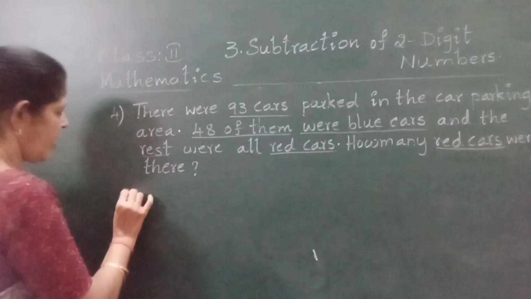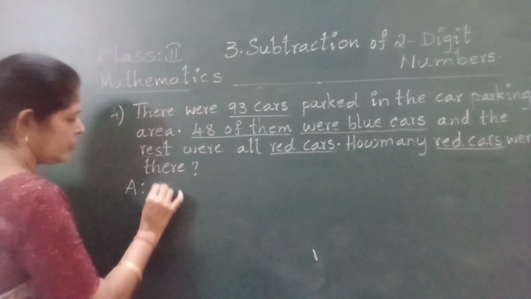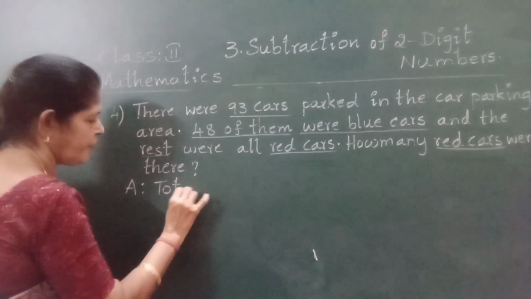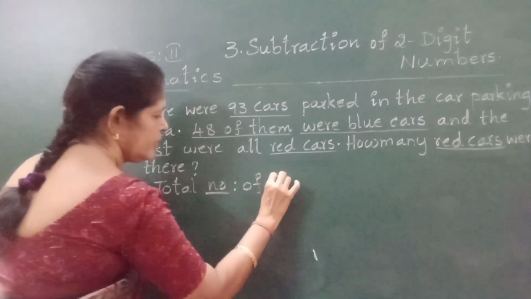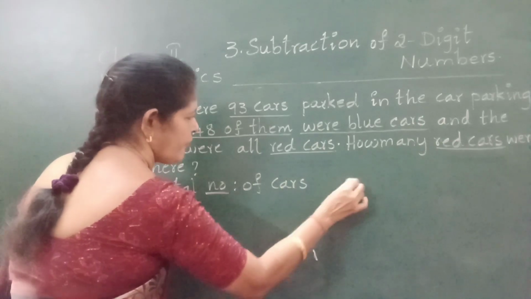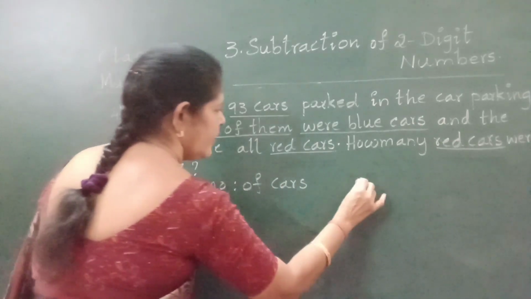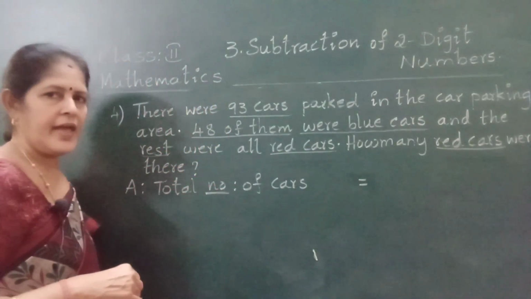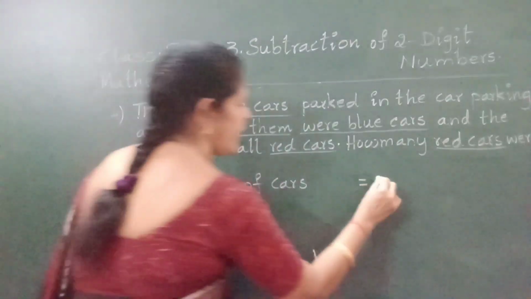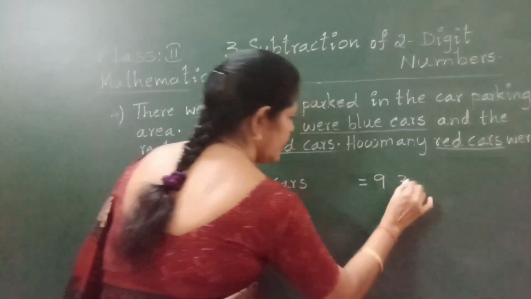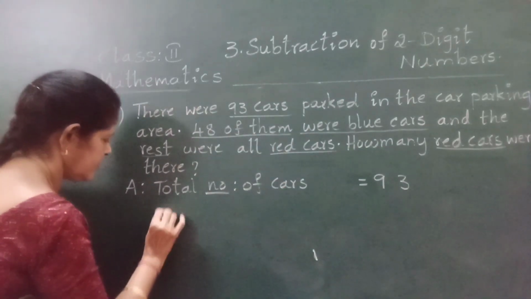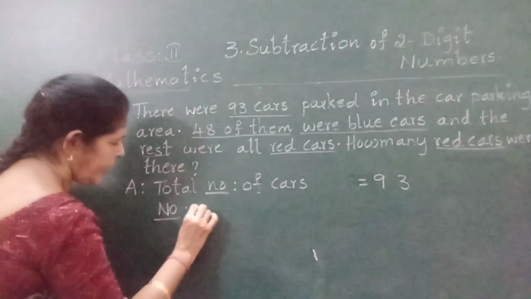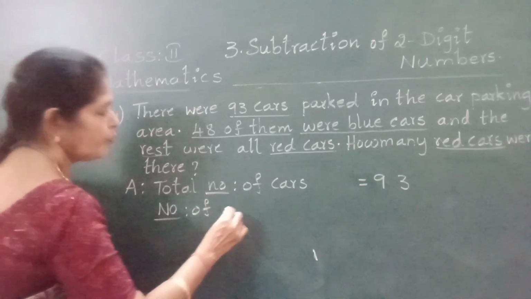Now write the answer. Total number of cars. How many are parked in the parking area? First number 93. In 93, 48 are blue cars. Second step, number of blue cars.